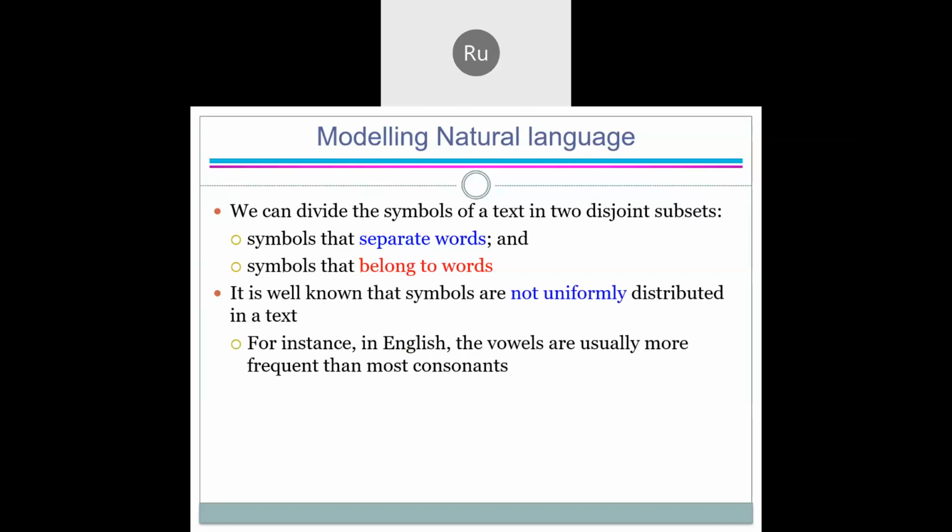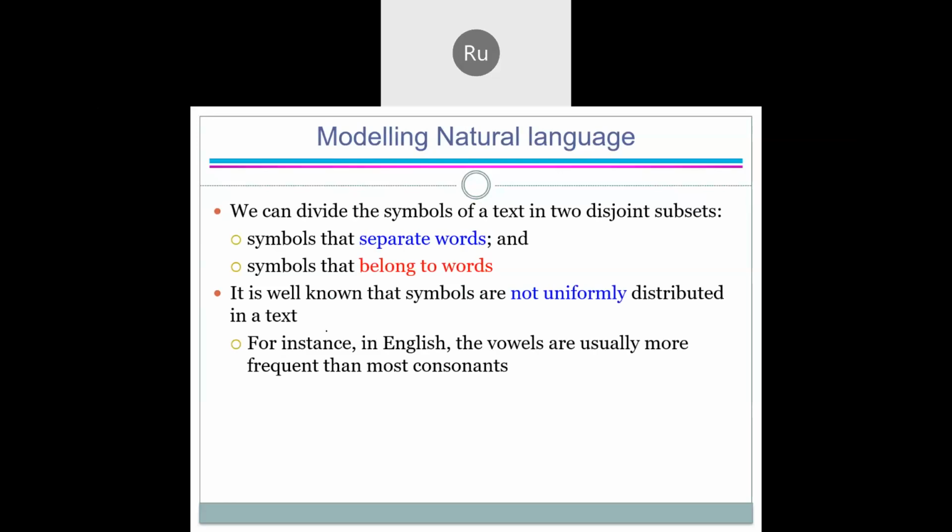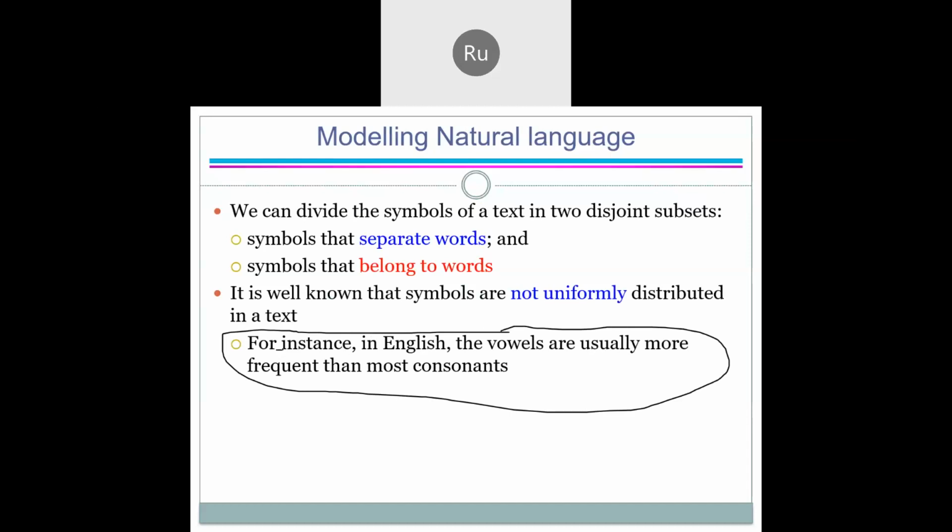For example, in this example here, we use the blank space to separate the words, and then we use these symbols to form the words.